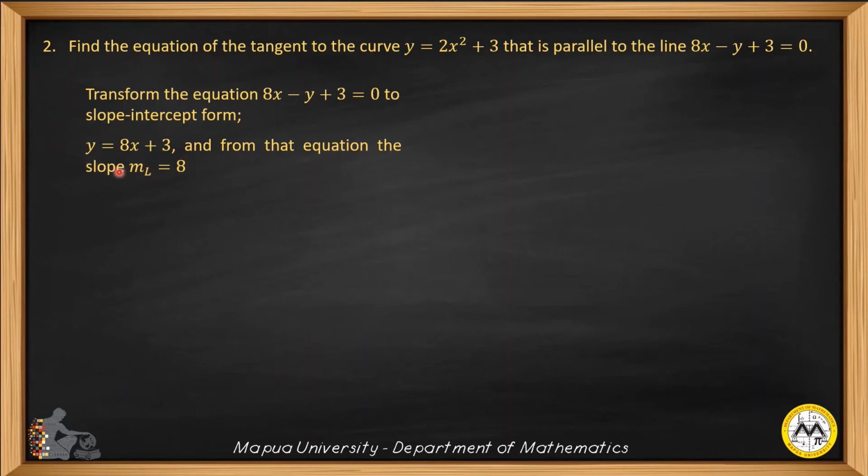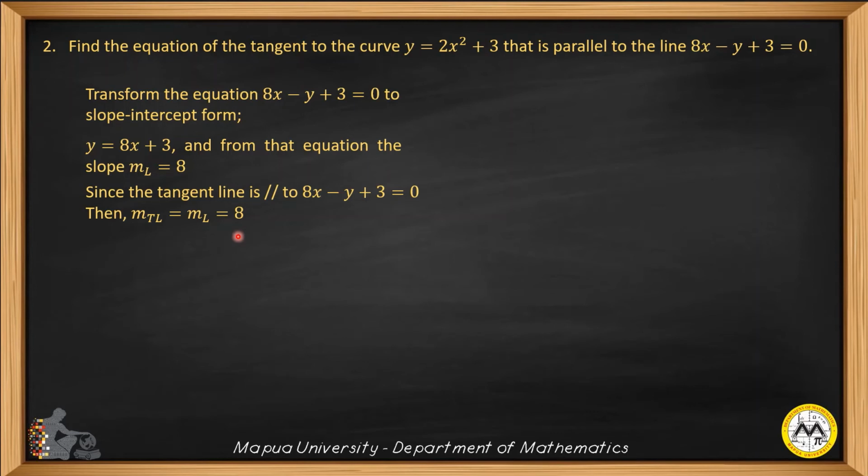From this equation, we can directly read the slope of this line, and that the slope of the line is equal to 8. And since the tangent line is to be parallel to this line, then the slope of the tangent line also will be equal to 8.